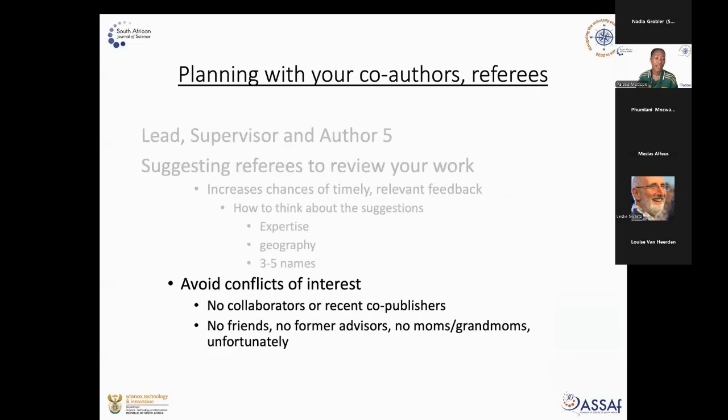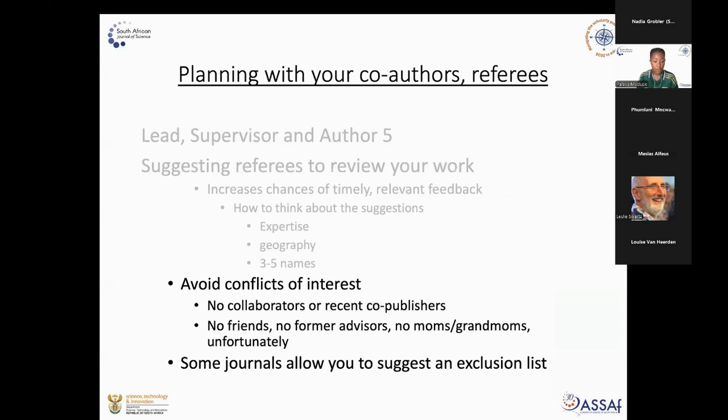One of the things that you should avoid when choosing referees is, obviously, collaborators or people that you've recently published with, no friends, former advisors, and moms and grandmothers. Unfortunately, that would be great if that was the case. Some journals do allow you to have an exclusion list.